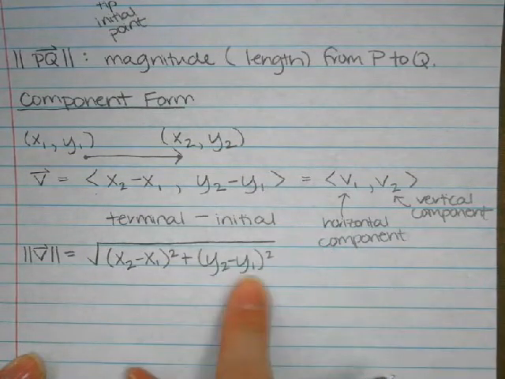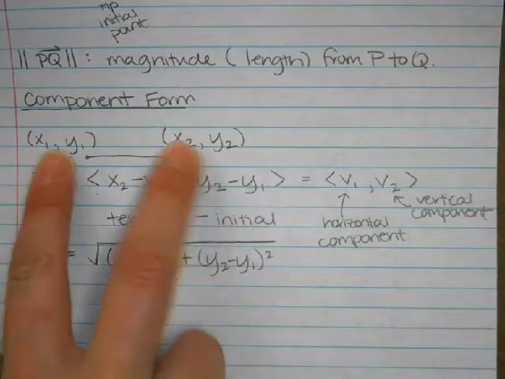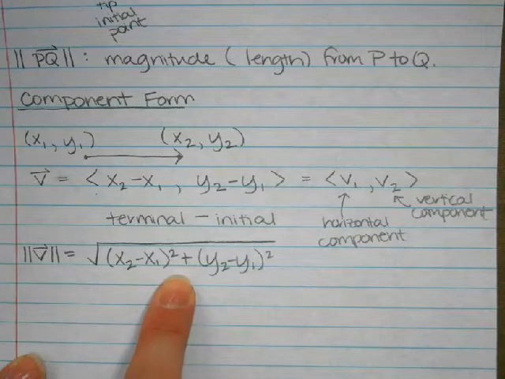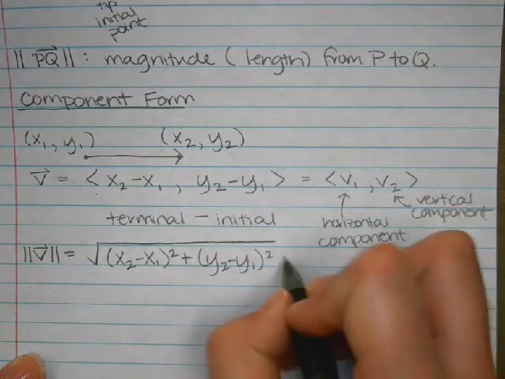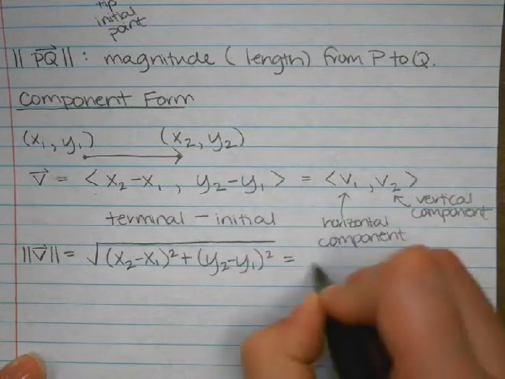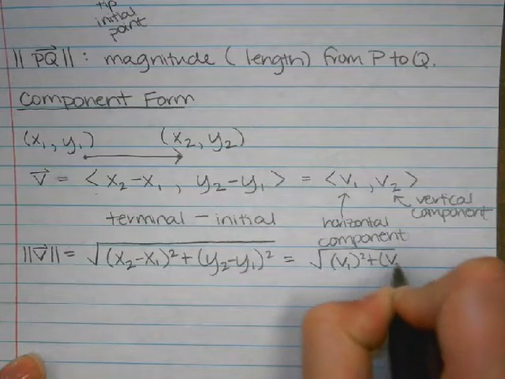So you would use this formula if you had two different points, like if you were saying here's the vector, it comes between these two different points, find the magnitude of it, then you can just find the distance between the two points. Or if they have given you a vector already written as a horizontal component and a vertical component, then you can say that's just the square root of v1 squared plus v2 squared.